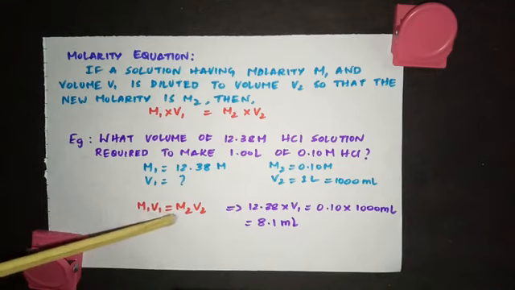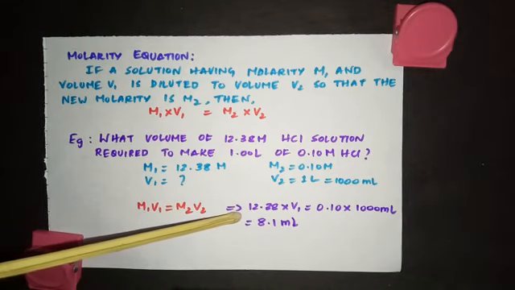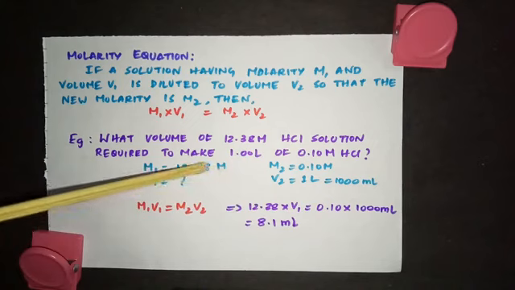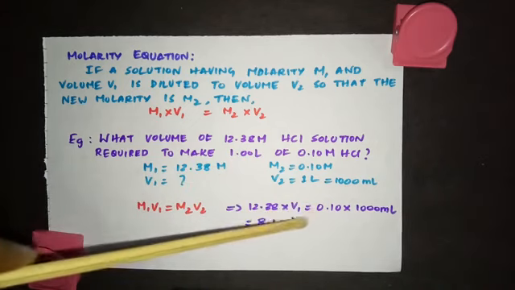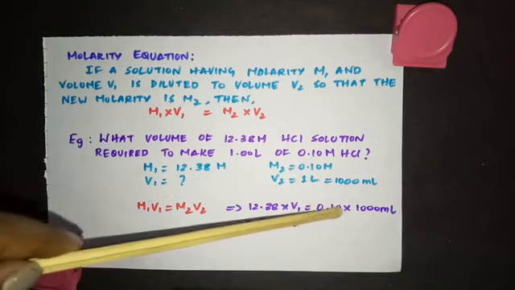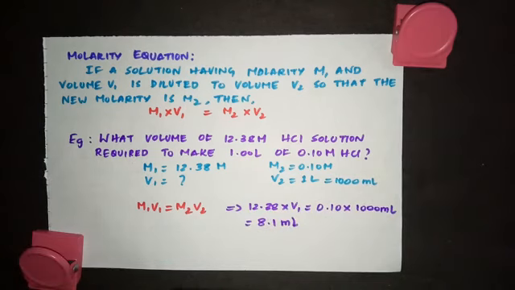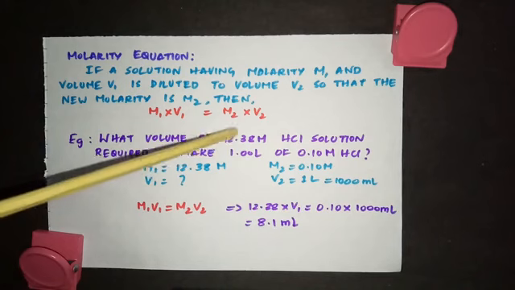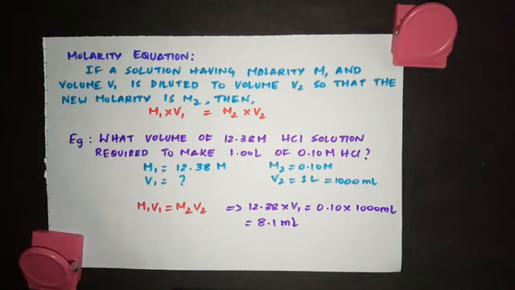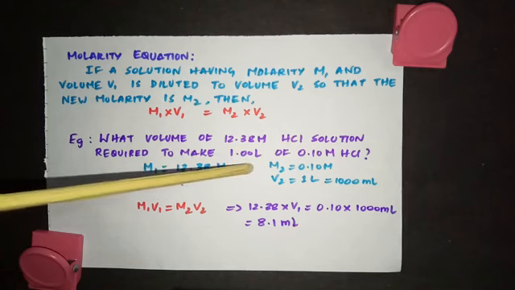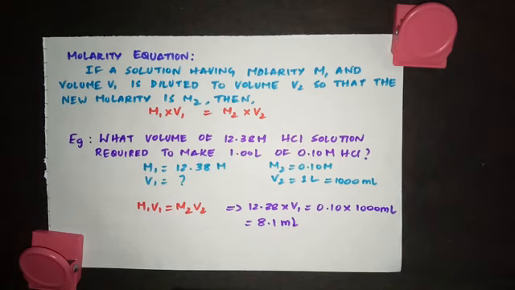So M1 V1 is equal to M2 V2, that is 12.38 into V1, because I don't know V1, which will be equal to 0.10 into 1000. So I get an answer of 8.1 ml. So I should take 8.1 ml of this solution whose molarity is 12.38 and then add water, make it up to 1 liter to get a new solution of molarity 0.10.